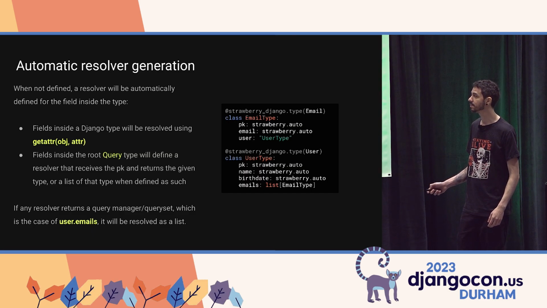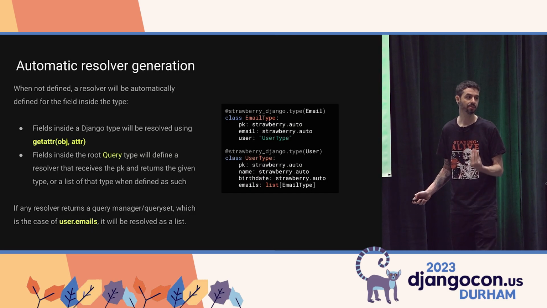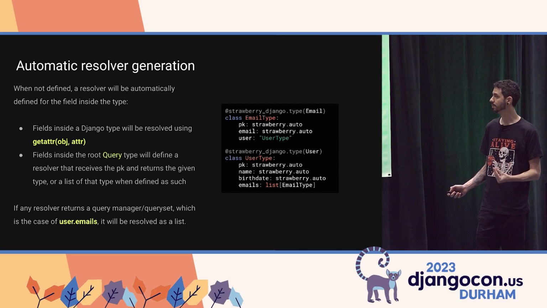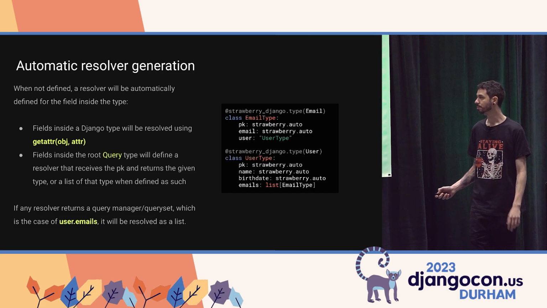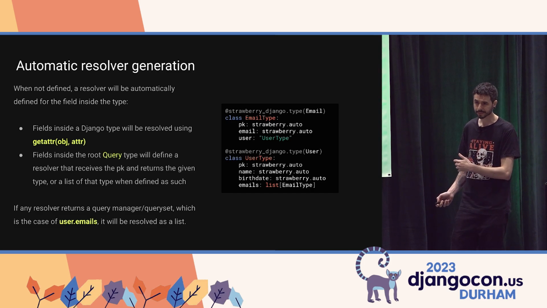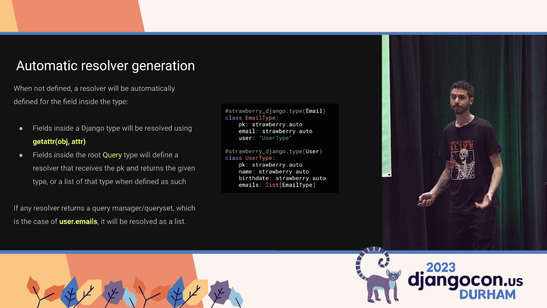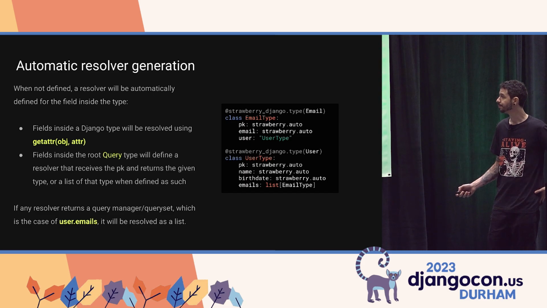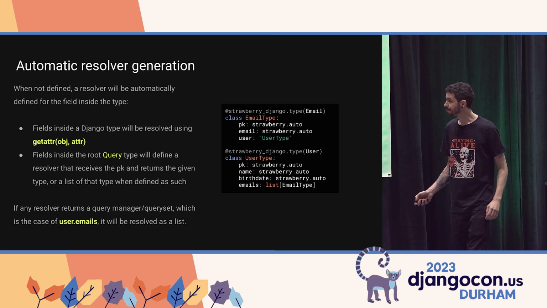So as long as the object that I am returning for that email type, which is an email from the ORM, has the email, it will work. Meaning that I can also expose properties this way, and so on.